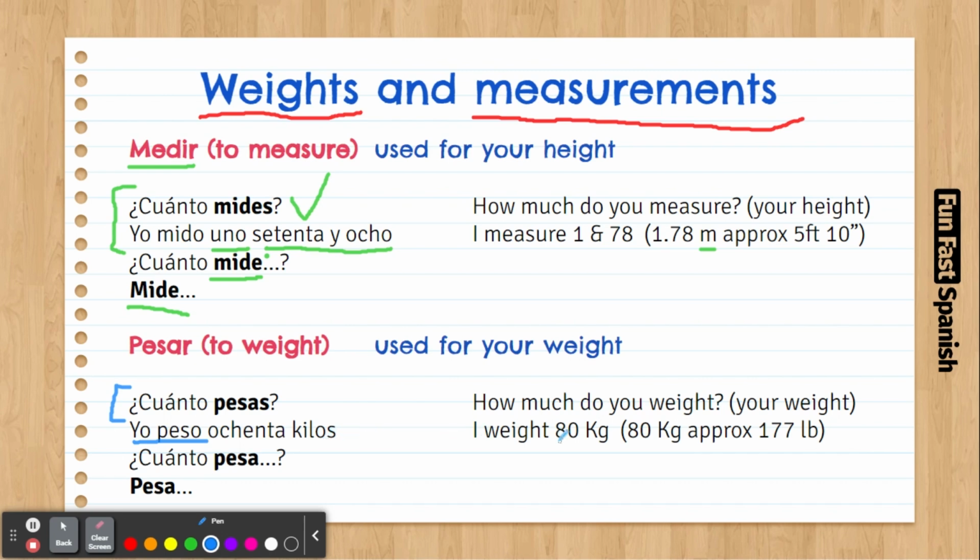Let's think about kilos like 2 pounds, even though this is a little bit different. If you think about it like 1 kilo is 2 pounds, then it can be easier. You just multiply by two, and you get the pounds. So, ¿cuánto pesas? Yo peso 80 kilos. It's like, how much do you weigh?